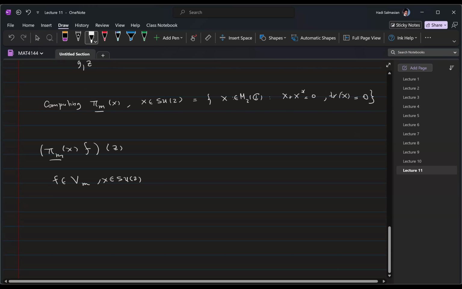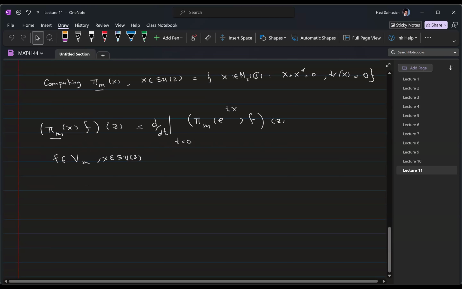Okay. So what is this? This is the derivative at t equal to 0 of pi m of e to the tX, f at z. The differentiation really commutes with the evaluation at that point, right?